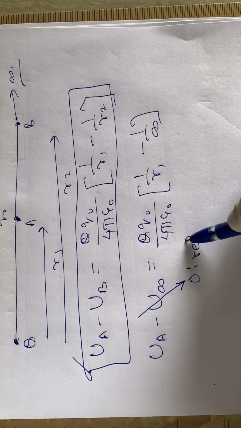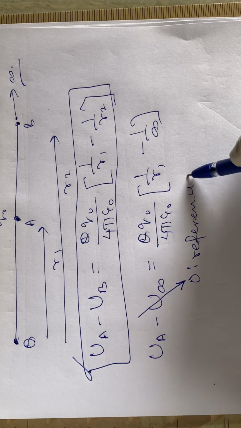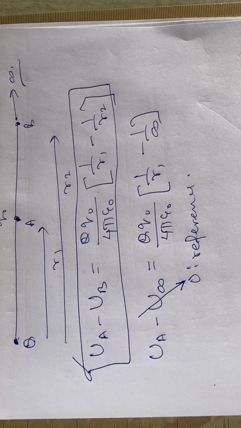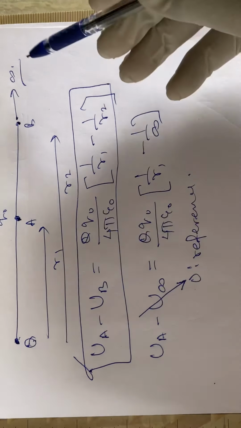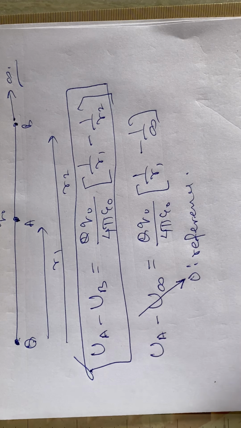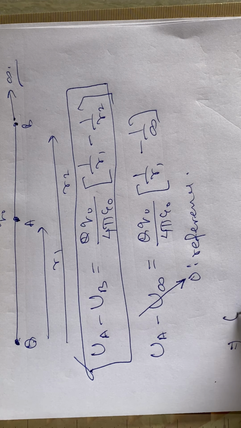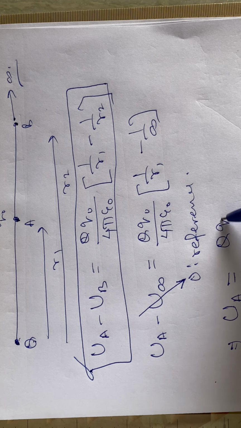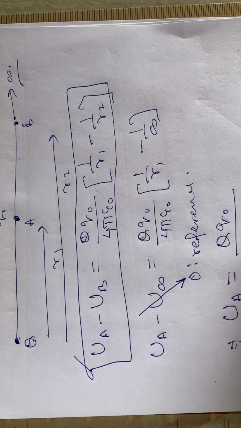We call it the reference. Why do we take this 0? Because of the point charge Q at infinite distance, its value is going to be 0. So what we get is the potential energy at point A equals just q naught upon 4 pi epsilon naught r1.